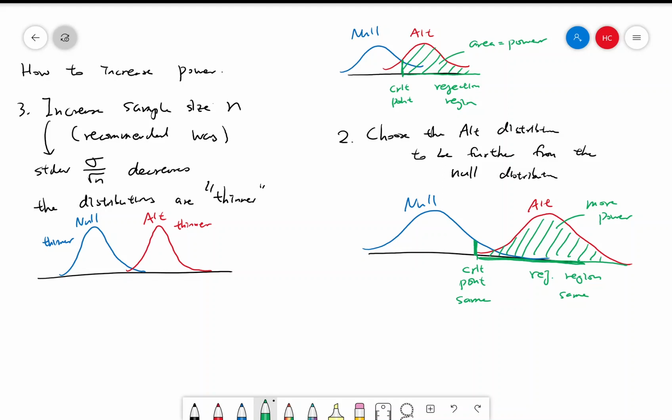And because the null distribution is thinner, the critical point is moved to the left a little bit because it should be closer to the mean now, and the rejection region is larger. All these together definitely give you more power. So the main way to increase the power is to increase sample size. That's definitely the case. So let's do an example.